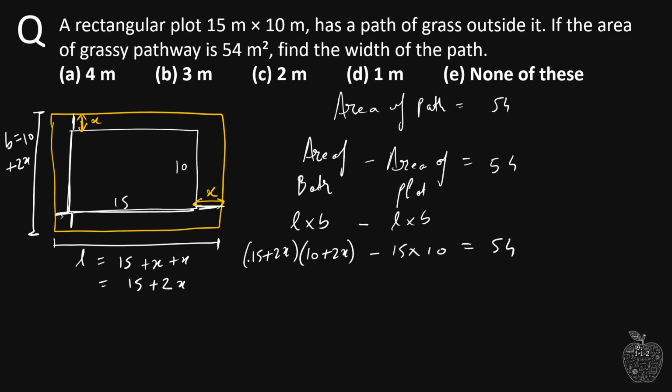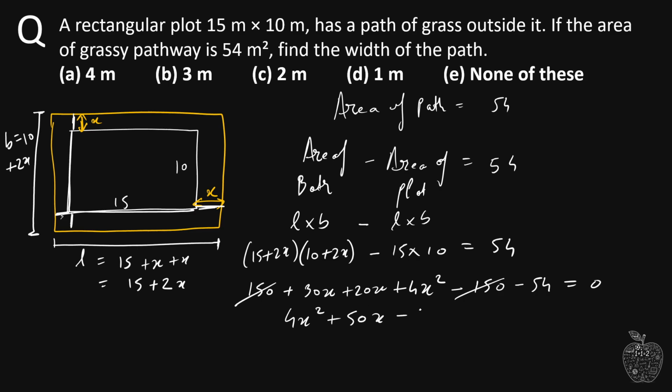Now let's solve this. 15 tens are 150, plus 15 into 2x is 30x, plus 2x into 10 will be 20x, and plus 4x square, minus 150, minus 54 is equal to 0. So 150 minus 150 is gone.